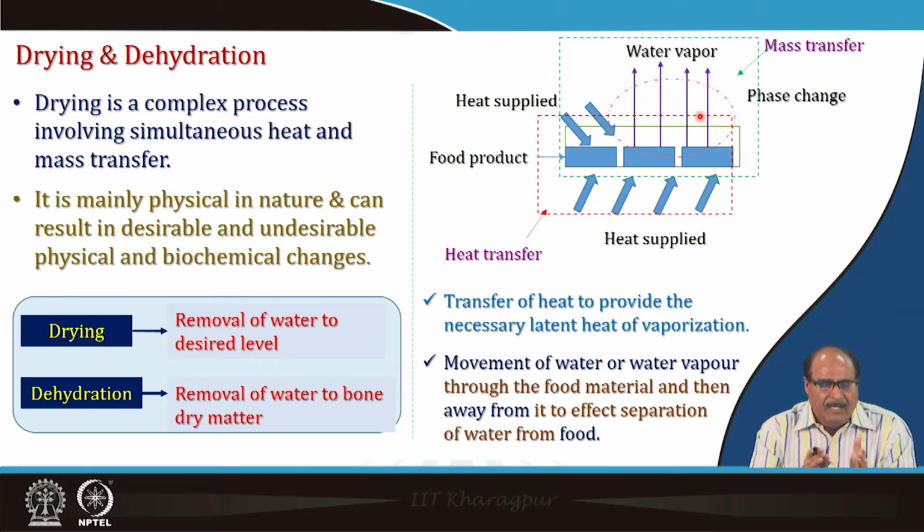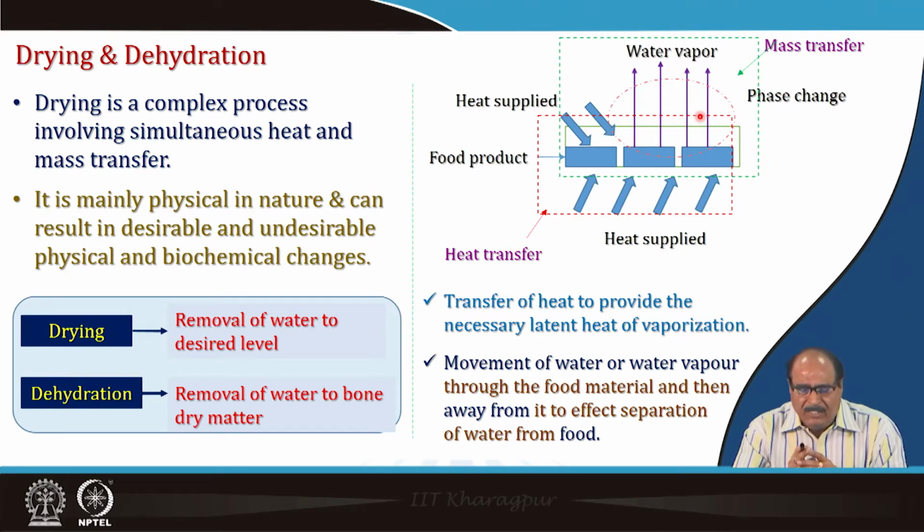It is mainly physical in nature and can result in desirable and undesirable physical and biochemical changes. The transfer of heat provides the necessary latent heat of vaporization, and movement of water or water vapor through the food material and then away from it effects the separation of water from the food.